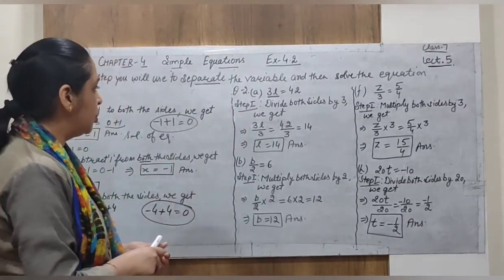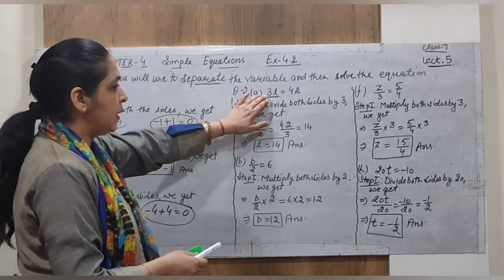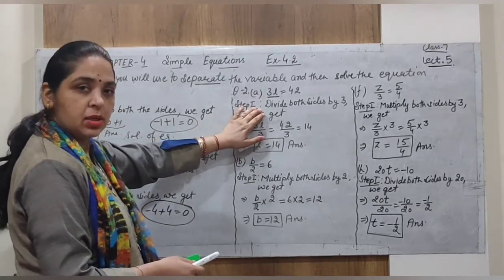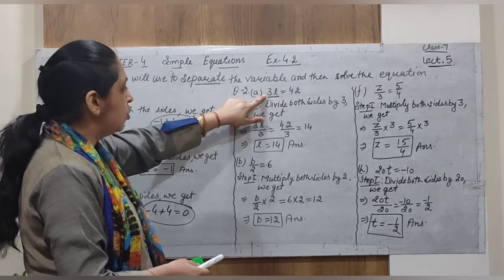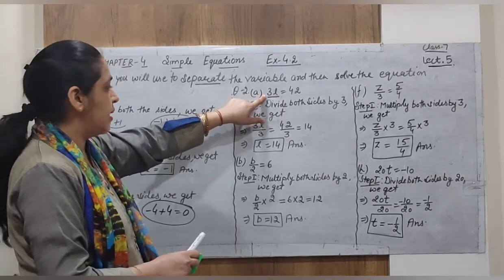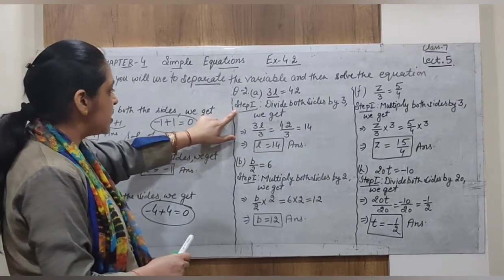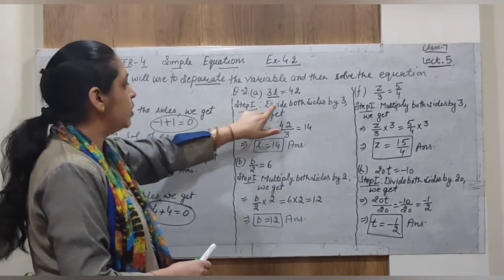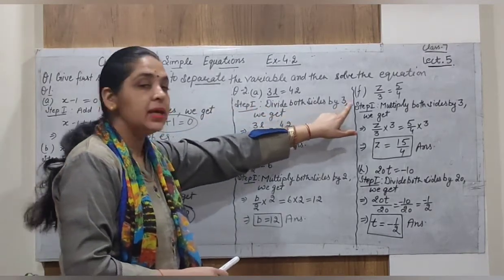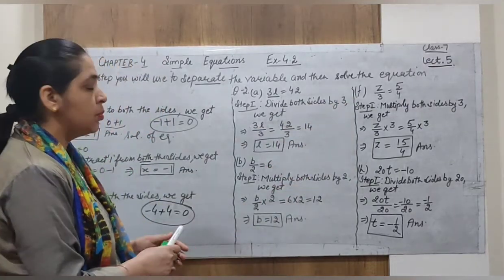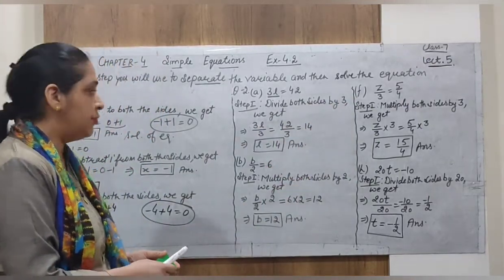Then what do we have to do? The opposite of multiplication is division. So to remove 3 from the left hand side, we must divide both sides by 3. Only then can we remove 3 from the left hand side.